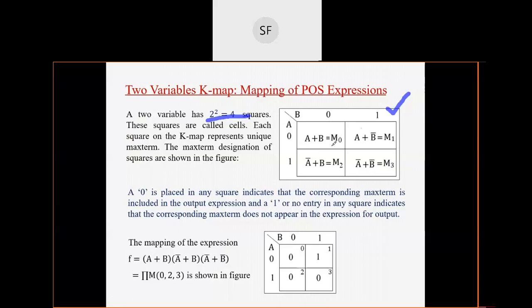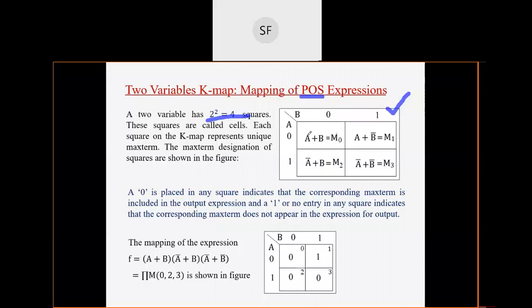In the earlier example we discussed the SOP form, so for SOP form min terms were there. Now we are discussing POS form, so for POS form these are max terms. And since it is POS form, the term will be in terms of sum.